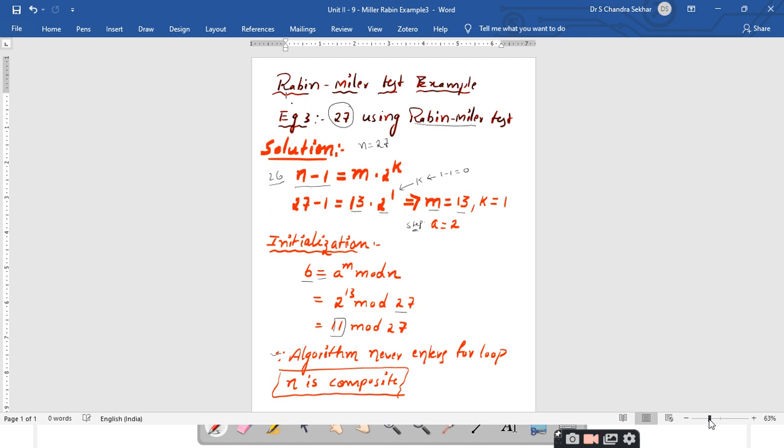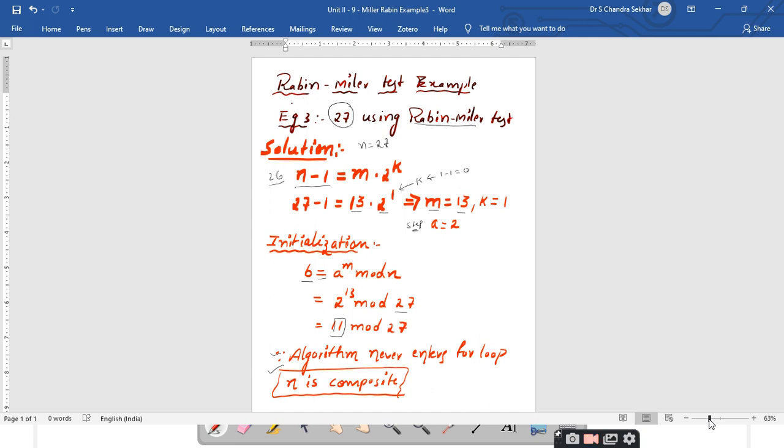The algorithm never enters the loop because the k value is only 1. So we can understand that n is a composite number, so 27 fails the Rabin-Miller test.